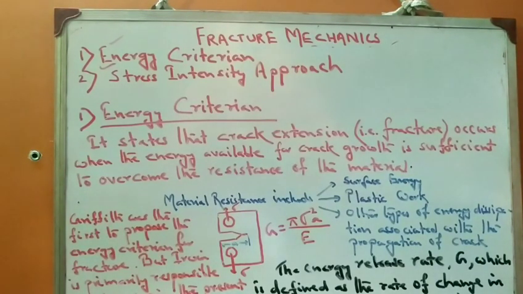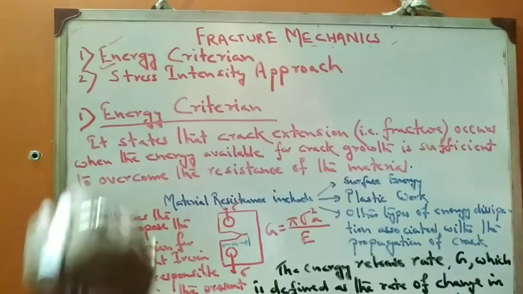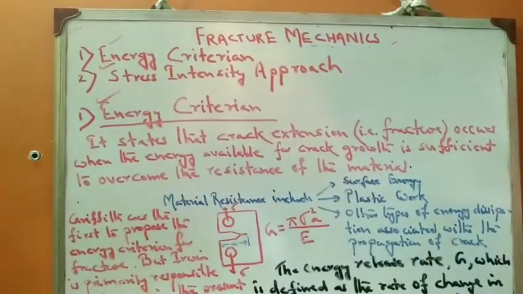The energy criterion states that crack extension, that is fracture, occurs when the energy available for crack growth is sufficient to overcome the resistance of the material.